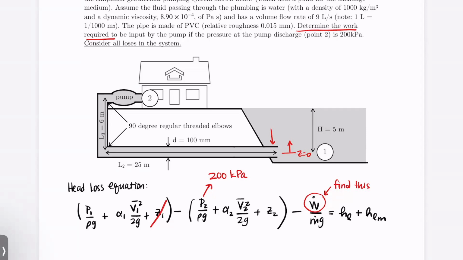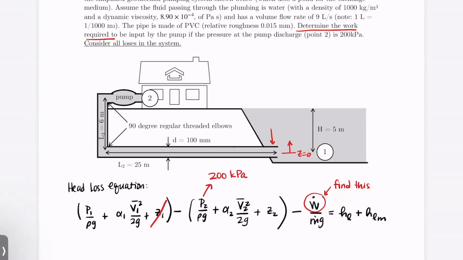Oh man, I think I simplified this problem too much. Blast. Well, you just saw it in the example earlier. Since the diameter is the same all the way through the system from point 1 to point 2, our V1 squared and V2 squared are going to be the same. So they just cancel each other, which is a little disappointing.